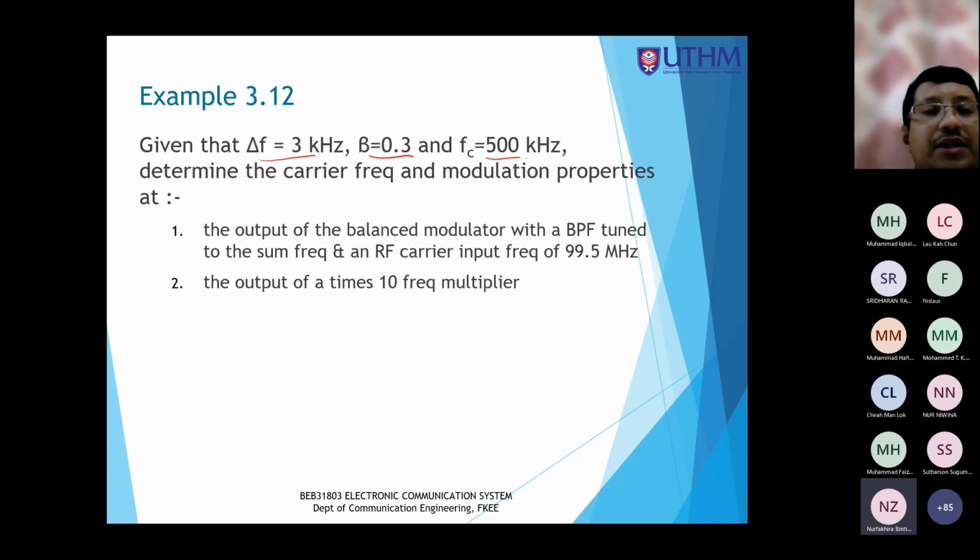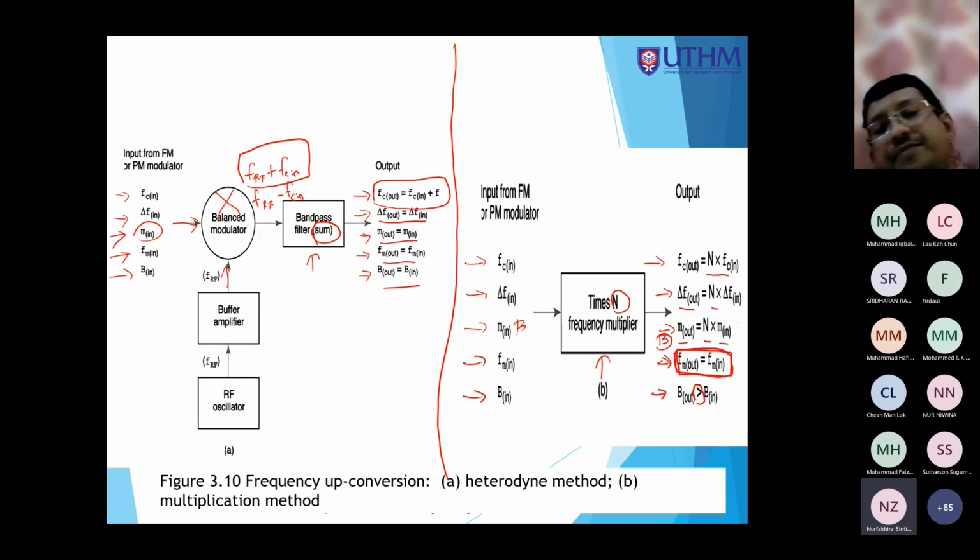Then determine the carrier frequency and modulation properties. So what are the modulation properties? They are these parameters: the frequency deviation, the input modulating signal frequency, the bandwidth, and so on.